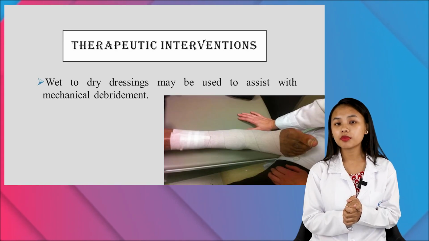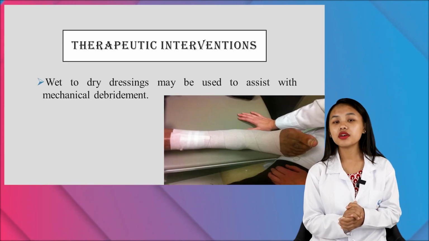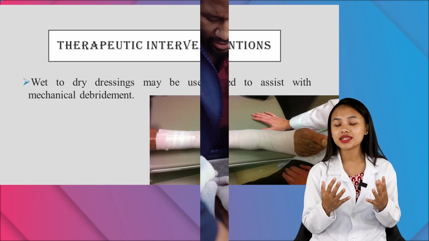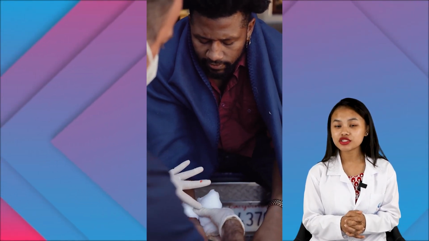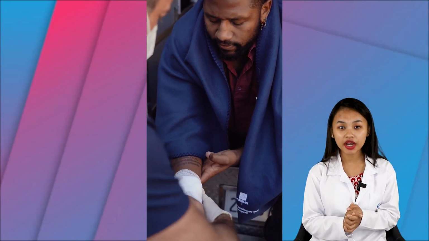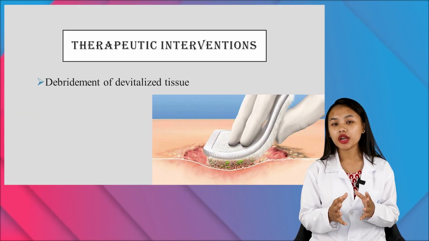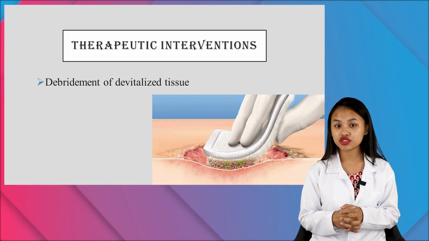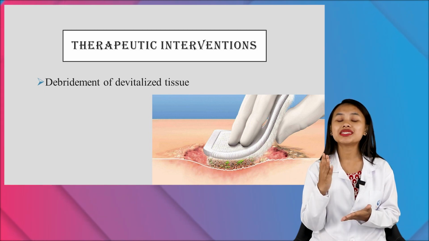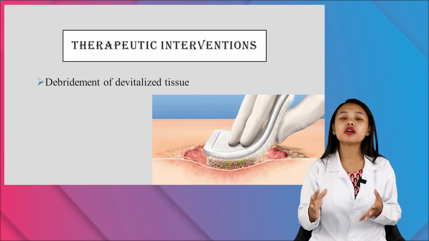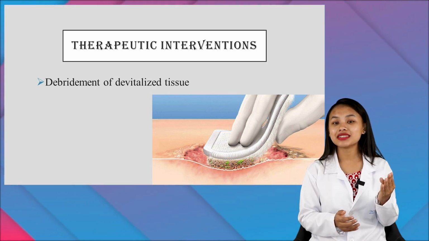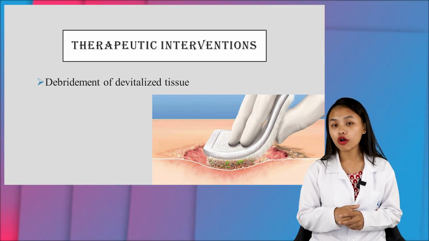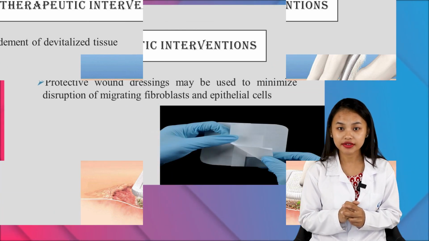Here, when we talk about wound dressing, then wet or dry dressing can also be used in order to assist with mechanical debridement. And the debridement of the devitalized tissue may also be necessary. Here, while doing this, we can use the scissor and the scalpel following the sterile technique.